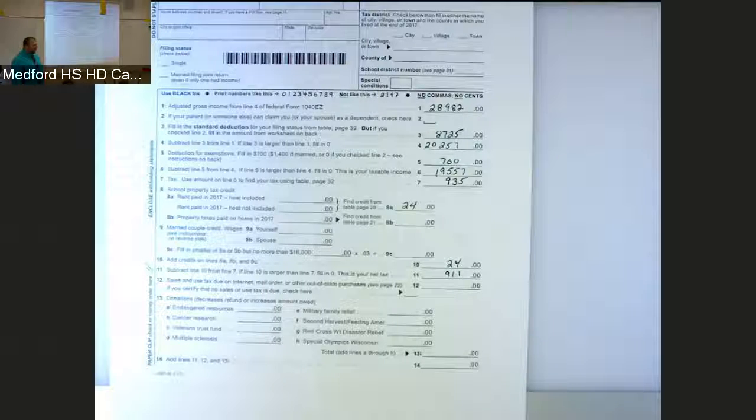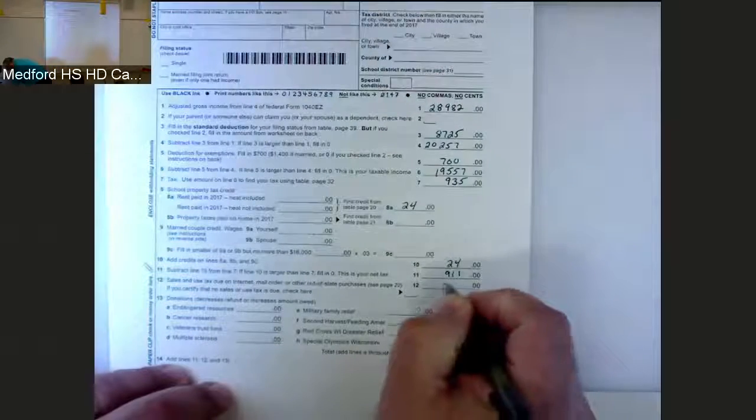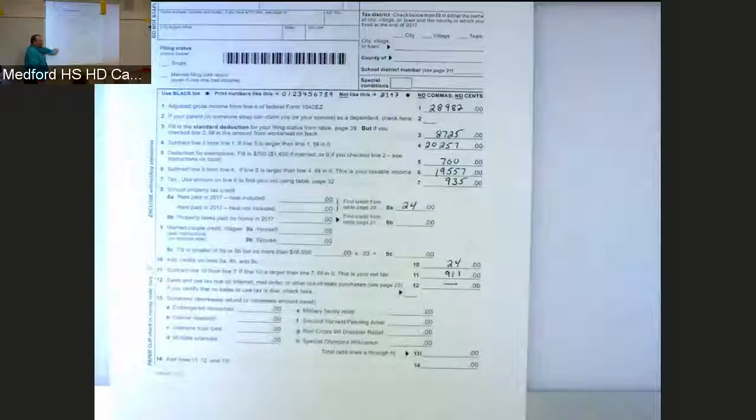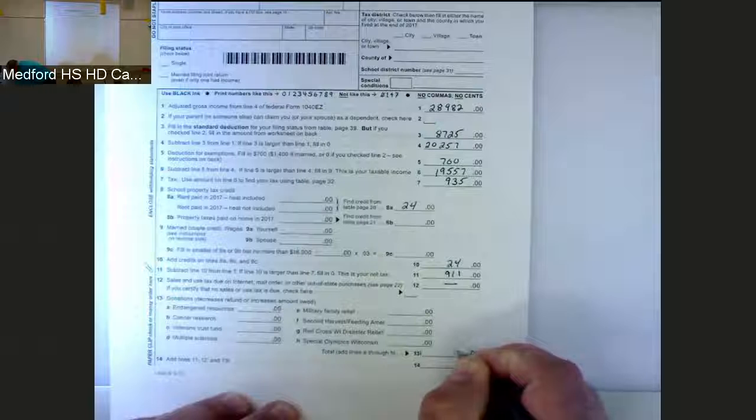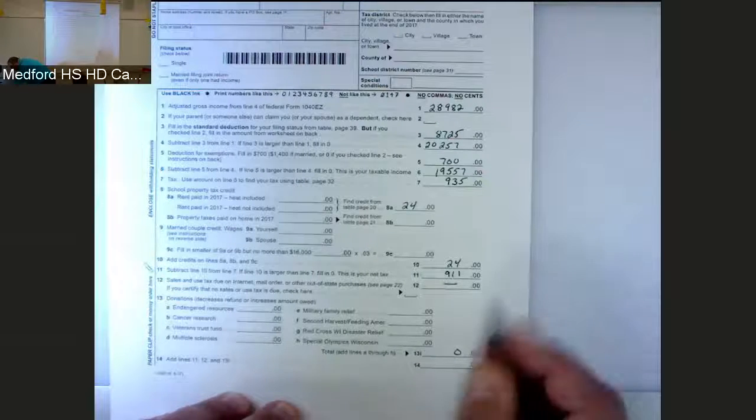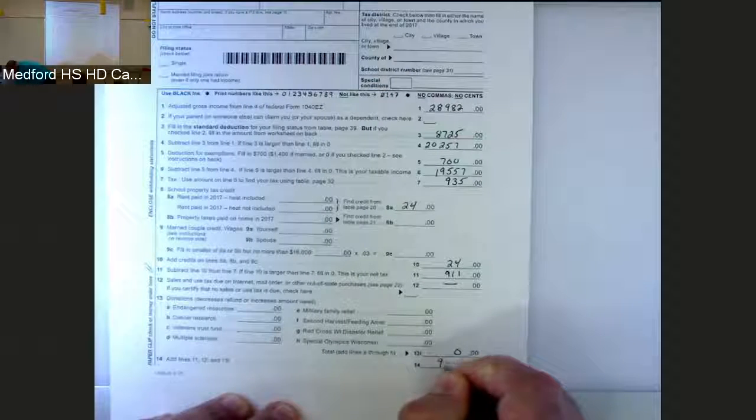I don't know if anybody does, but you're supposed to. We're going to assume we didn't go shopping there, so there's nothing there. If you want to donate some money to these charities, you can. I'm going to assume that we're not going to. Bring our number down.